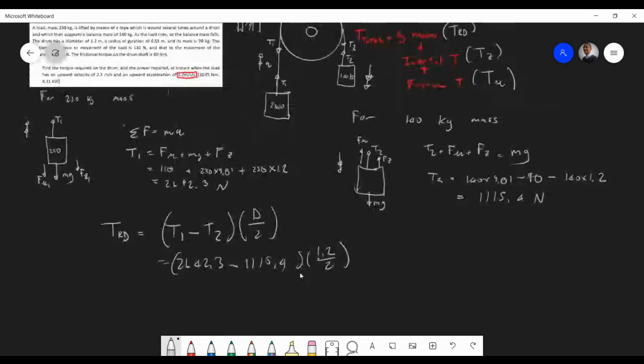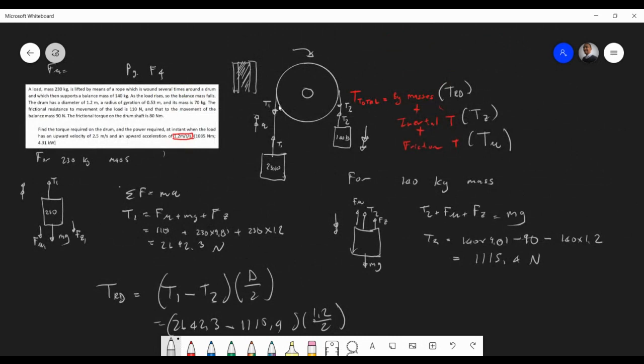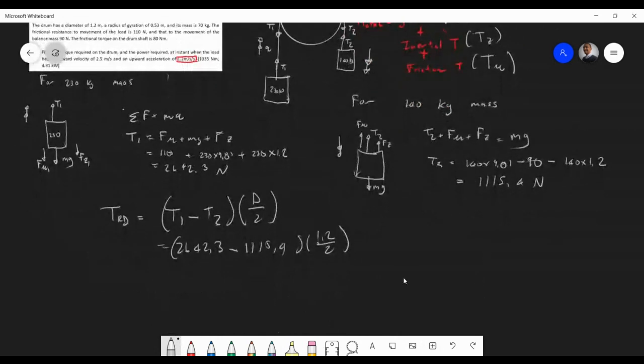So when I'm looking at this here, if I want to make sense of this, I would have initially thought something else, but okay, I'll just take what they have here. I'll get back to that again. So this is the torque produced by those masses on the drum. Very important.